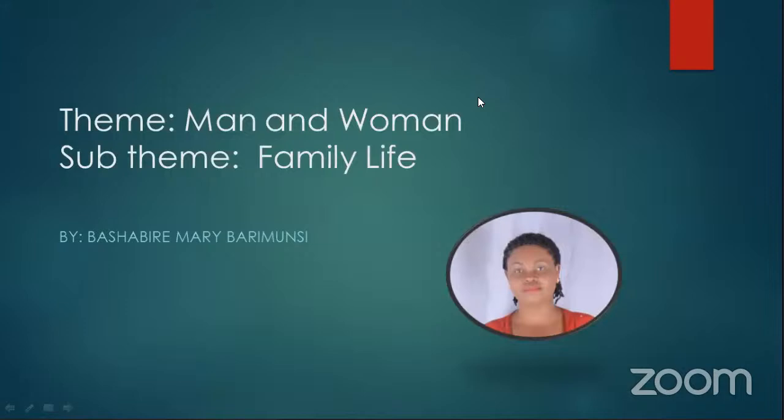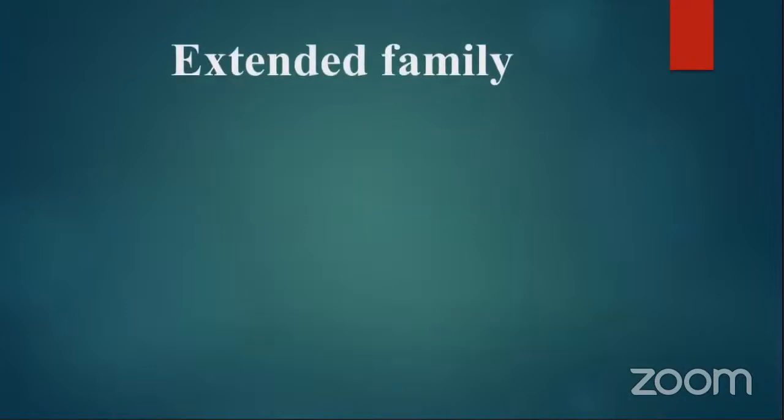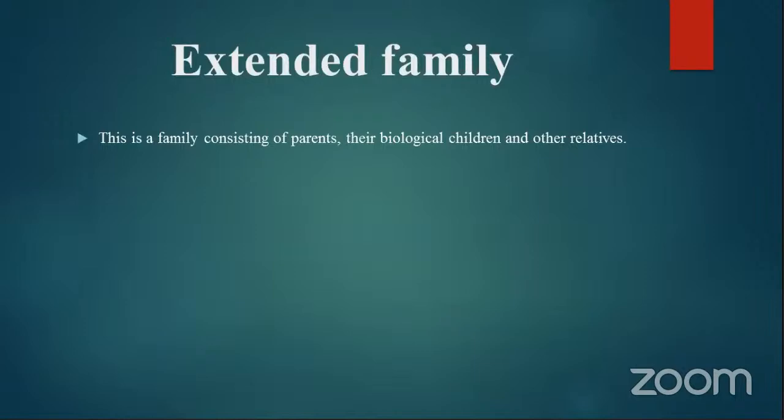When we talk about dependents, we are looking at aunties, grandparents, cousins, in-laws, clansmen, and the living dead. So you can see it's a wider coverage compared to a nuclear family. I request that if you don't want to answer, you just put your hands down.